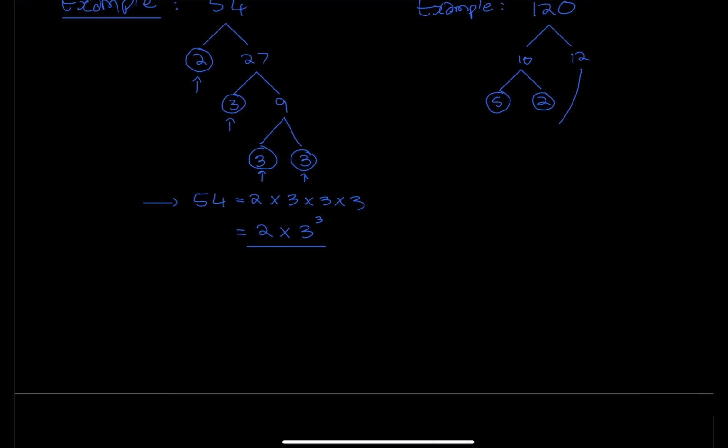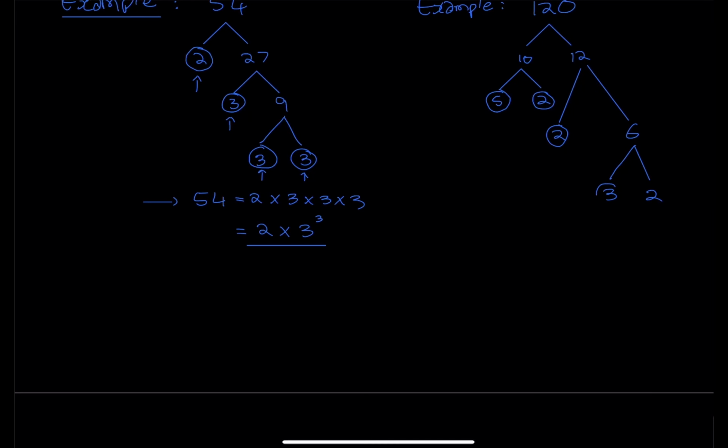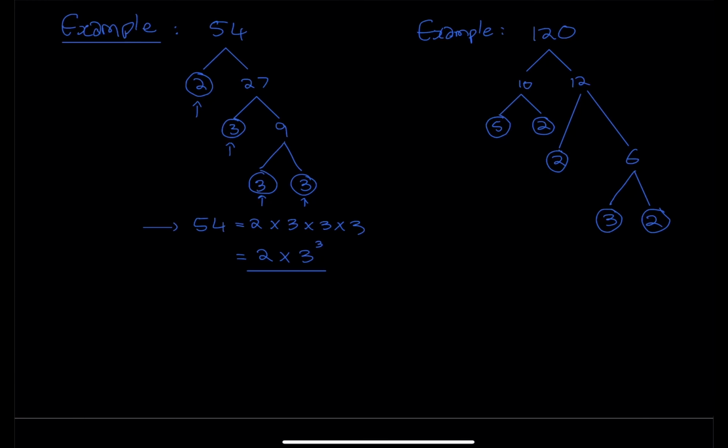So we divide 12. 12 can be divided into 2 and 6, right? 2 is a prime number. 6 can be divided into 3 and 2. 3 is a prime number and 2 is a prime number, right? So to write the product of prime factors for 120, I would say 2 times 5 times 2 times 3 times 2.